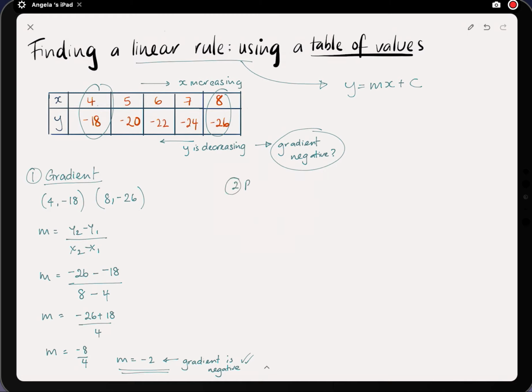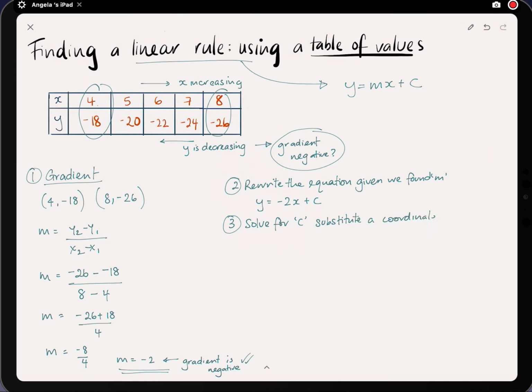So my second step would be to rewrite the equation, given that we've just found m. So I'm going to have y equals negative 2x plus c. So now to solve for the y-intercept, or solve for c, I'm going to have to substitute a coordinate in.